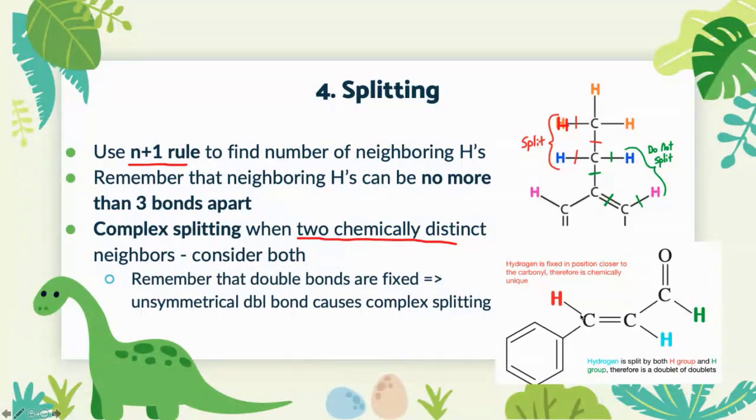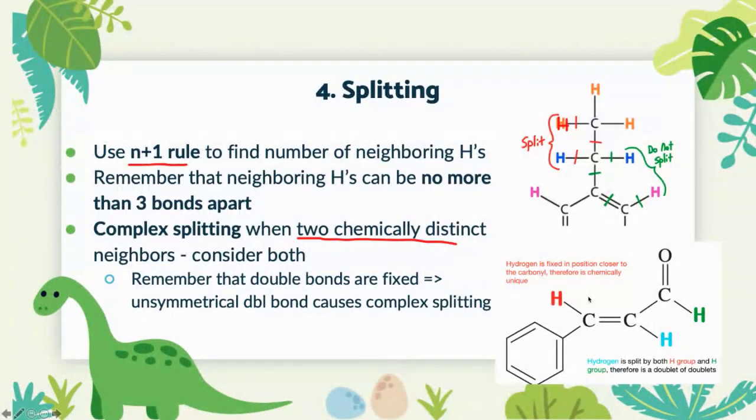And then something else to remember is also that if you have a double bond, that means that hydrogen is now in a fixed position. So as you see on this image on the right, you're going to see that even though these hydrogens look vaguely similar, they're on an alkene, they're all going to be very different.